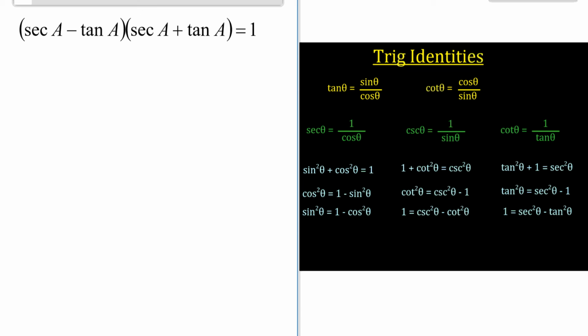What I'm seeing here is I want to FOIL. If you're not familiar with foiling, all that means is the double distributive property. First times first, first times last.